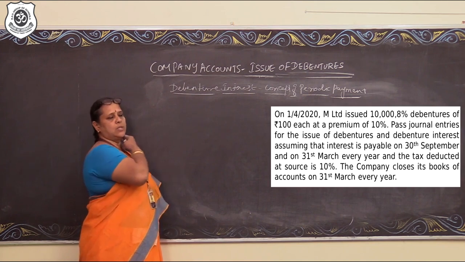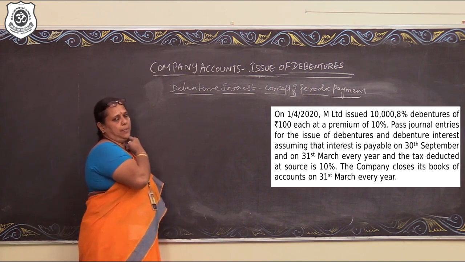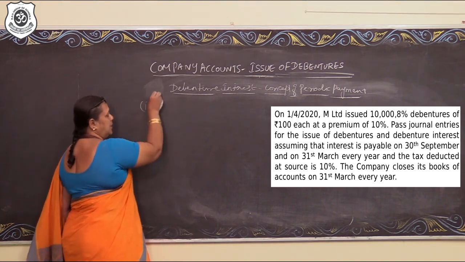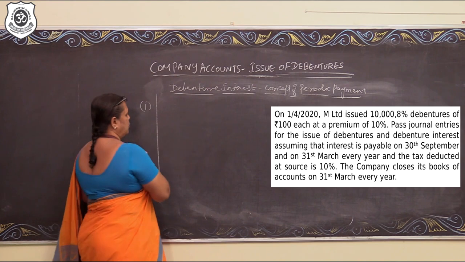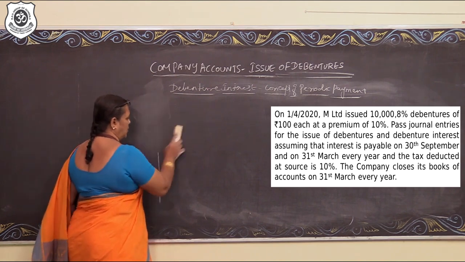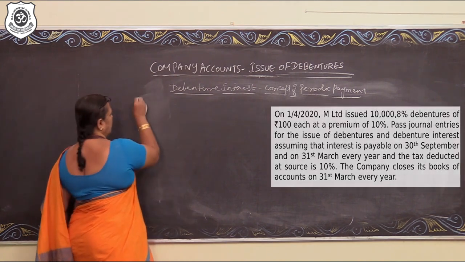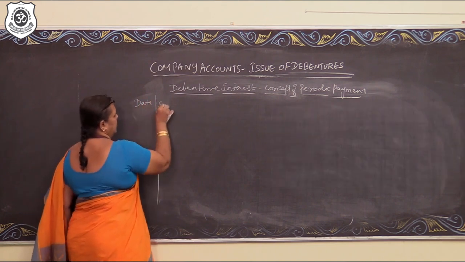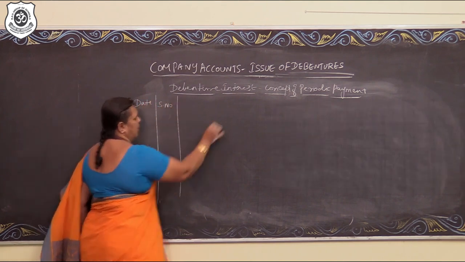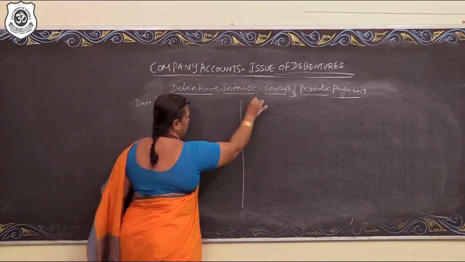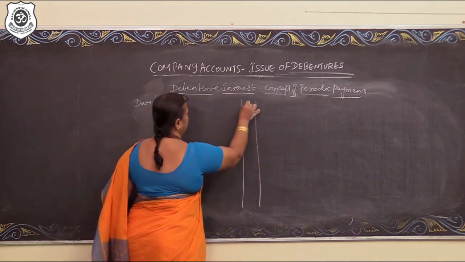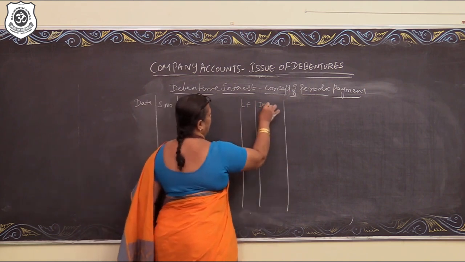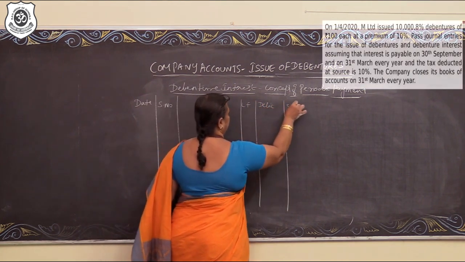So tax deducted at source is given to you at 10%. So entry number 1, please remember date matters a lot. So we are going to create a date column also. So date, serial number, particulars, LF column, debit, credit.